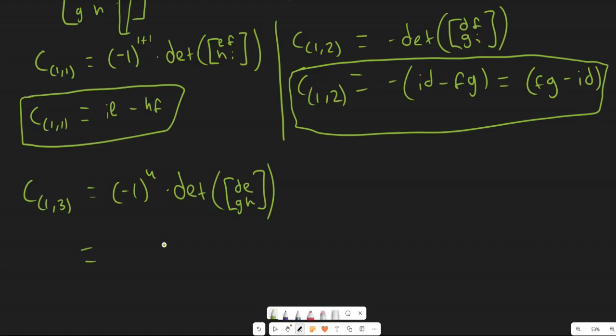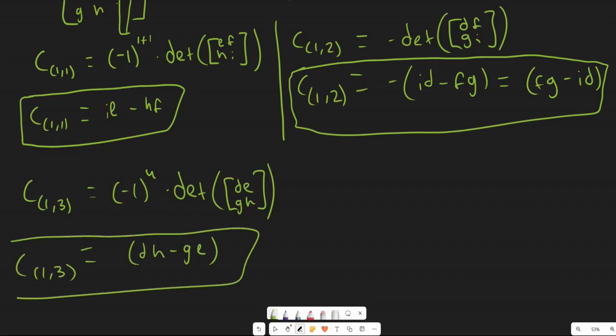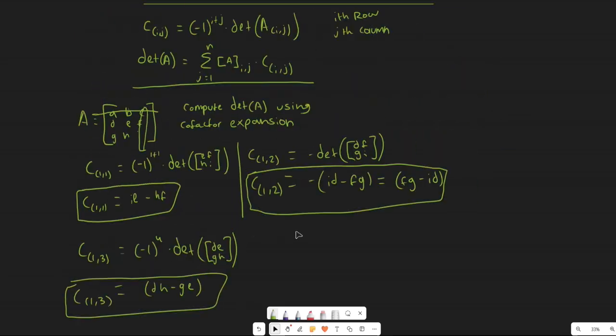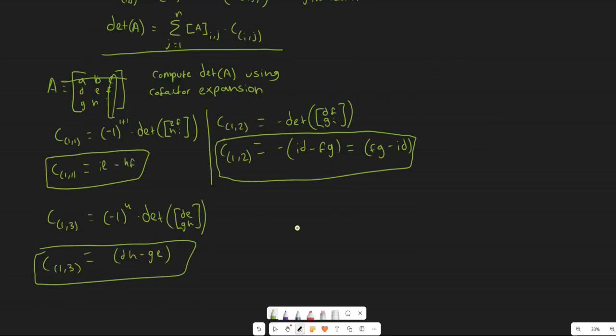This is just going to go to 1, and the determinant of this is just going to be DH minus GE. So that's your cofactor of 1, 3. Cool, we got that there. We got our 3 cofactors.